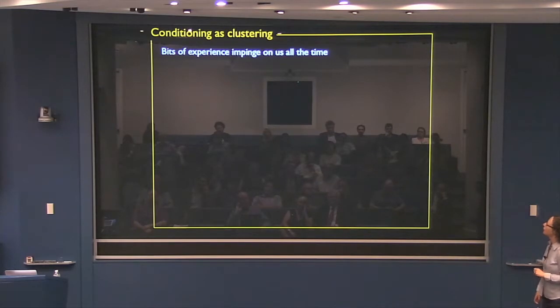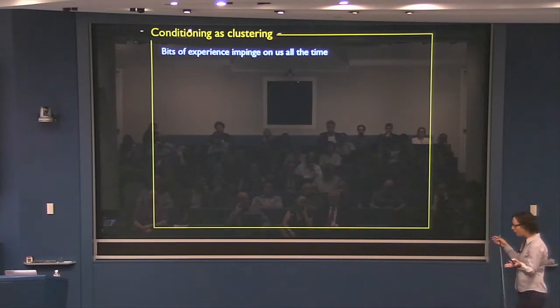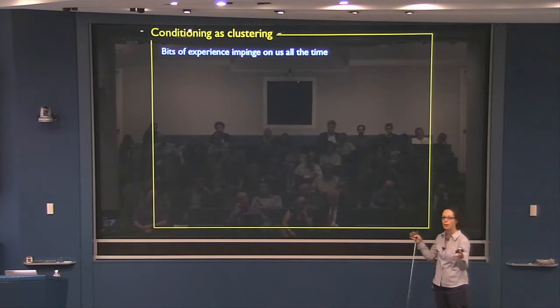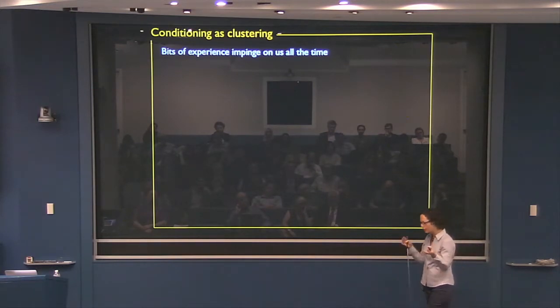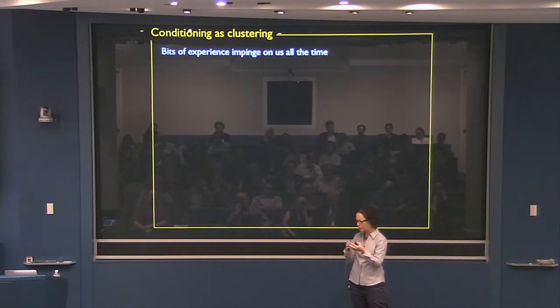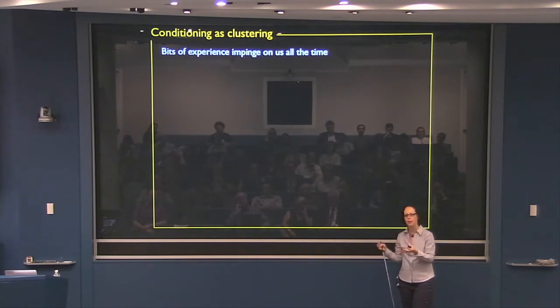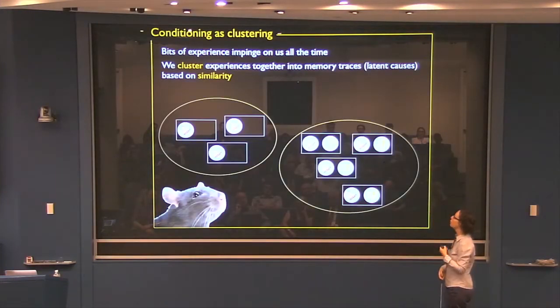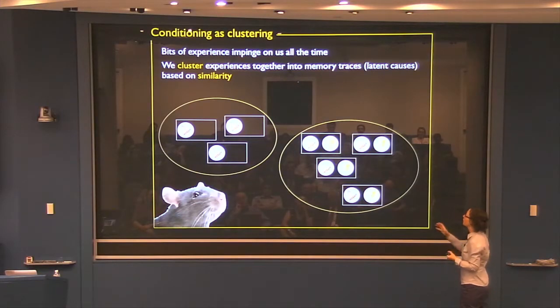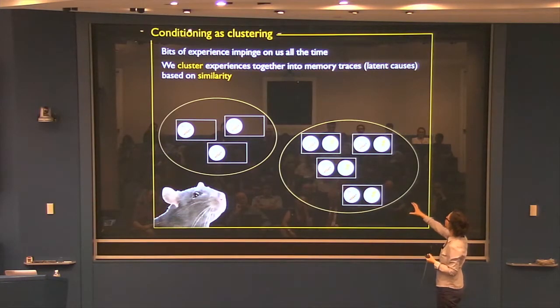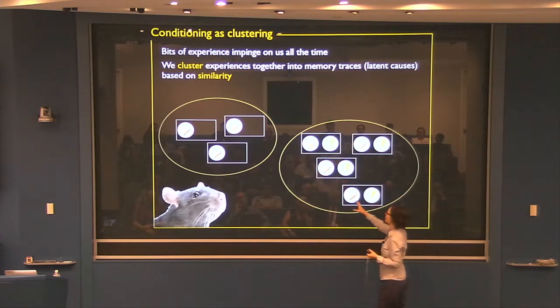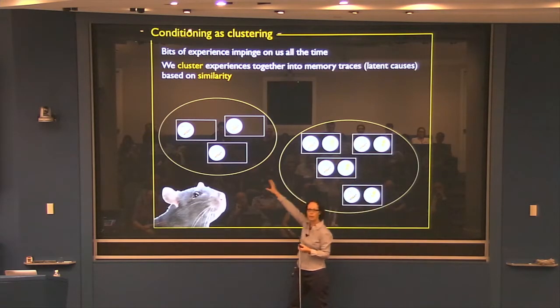So what I think happens is, in general, as we walk through the world, bits of experience impinge on us all the time. As I said, the whole idea of learning is we have to decide which things are of the same kind and which things are not, so that we can generalize. So we have to cluster our experiences together somehow into memory traces or latent causes or these clusters, and say, all these are of the same kind, so what I learn about one I can apply to the other, while these are of a different kind.